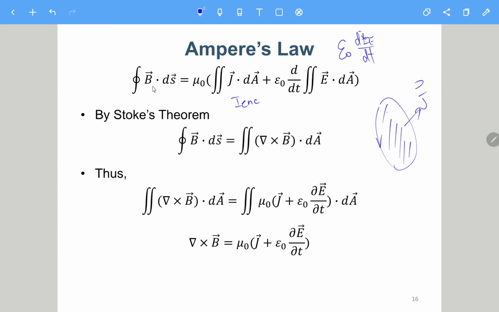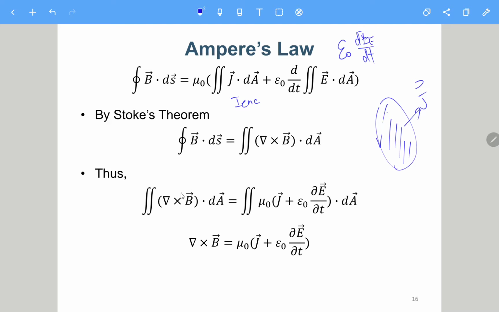Here we also apply the Stokes theorem on the left side. So this is the line integral of the B field, and on the right side it is a double integral of the curl of B. This is the same as the right-hand side, so we distribute it.